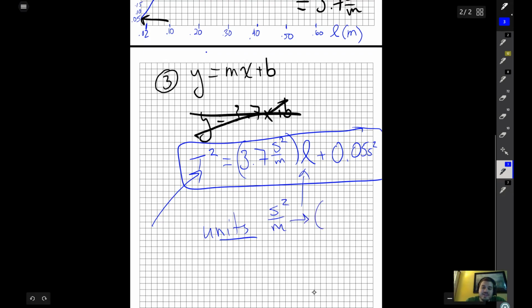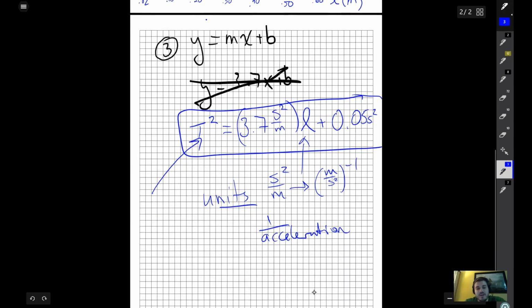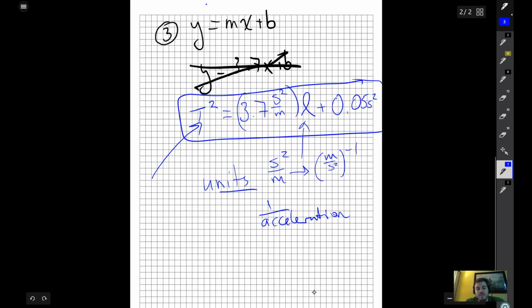This is the same thing as (meters per second squared) inverse, which is the unit for 1 over an acceleration. It's the inverse of an acceleration. So the first thing we could write up here for the meaning of our slope is that the units are seconds squared per meter, which is the unit of 1 over acceleration.